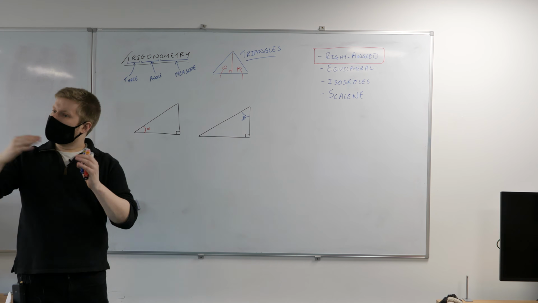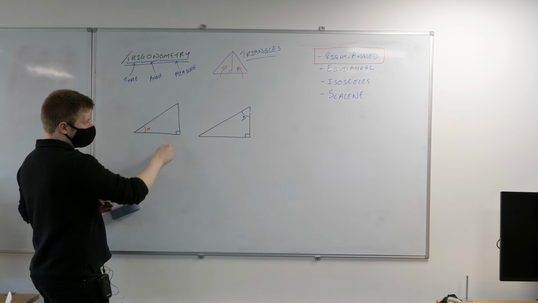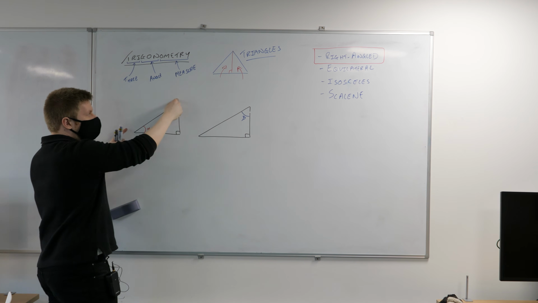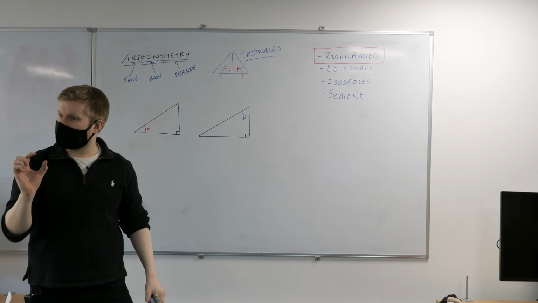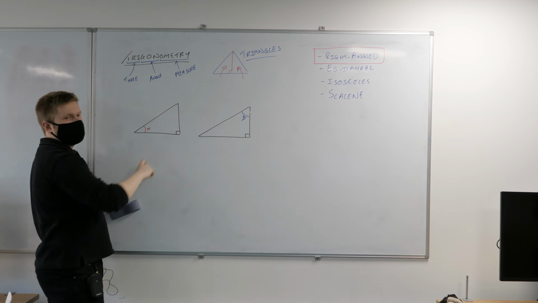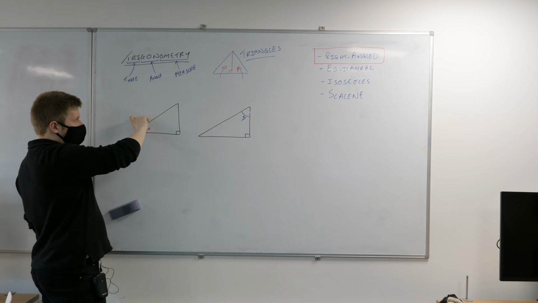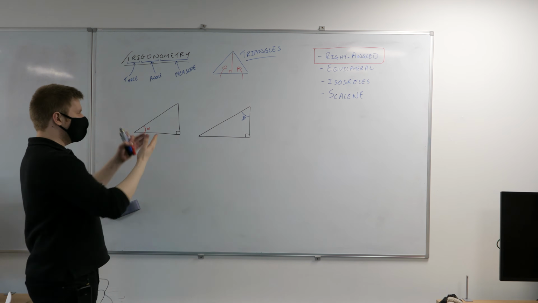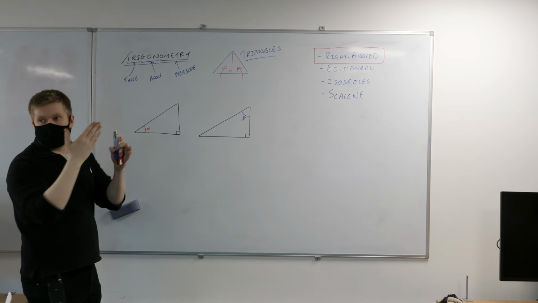The bigger the angle, the bigger the side. Because this has got to be the biggest angle in a right angle triangle, this has got to be the biggest side. The side opposite is always the biggest side. If this was made smaller, this side would also be made smaller. If this was made bigger, this side would also be made bigger. That's the fundamental principle of relationships between angles and side lengths.